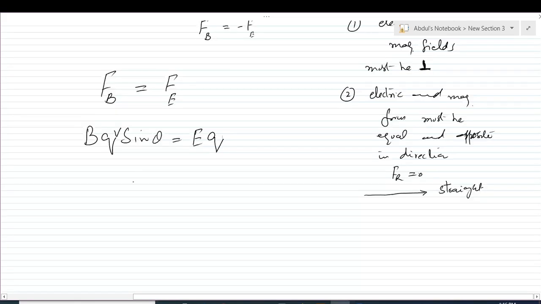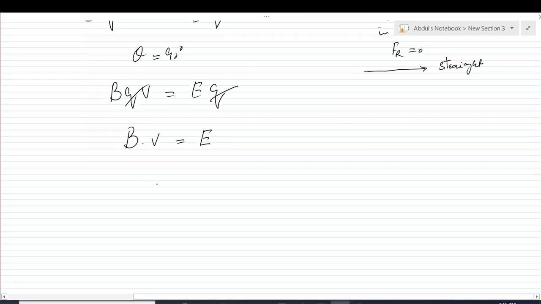Now this angle theta is 90 degrees. So we can write BQV is equal to EQ, and Q cancels. So the product of magnetic flux density and speed is equal to the electric field strength. And then V is equal to E divided by B.